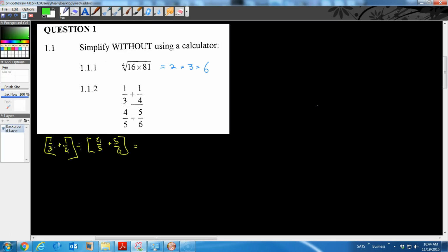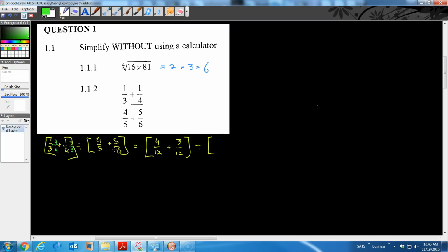If we look at this, the least common denominator will be 12, so I'm going to multiply this by 4 over 4 and this one by 3 over 3. 4 times 3 is 12. So what I'll have is 4 over 12 plus 3 over 12, correct? Divided by, now I'll do the same here.